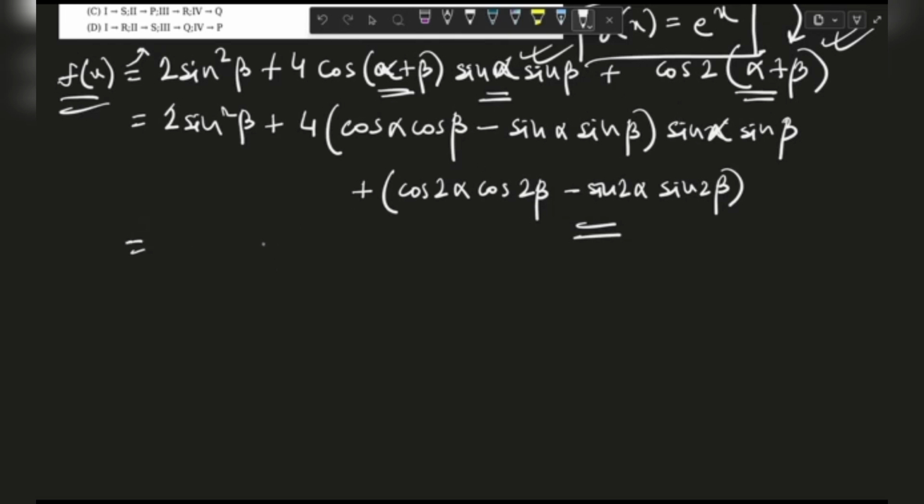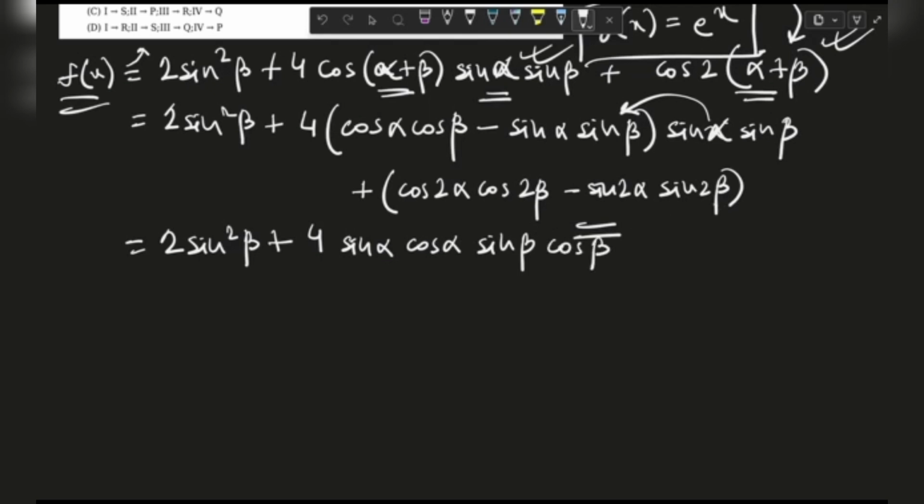So now if we try to solve, I guess what I will do is I will write this thing as 2 sine squared beta plus, okay, let's open this bracket and multiply this thing inside. So this becomes 4 sine alpha cos alpha and also sine beta cos beta. So basically what I think is, one term will actually get cancelled. Okay, let's write it out.